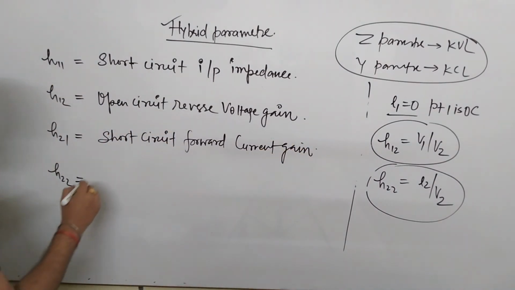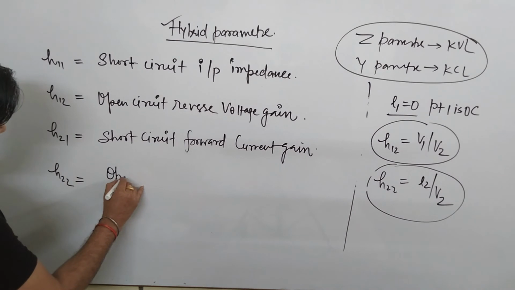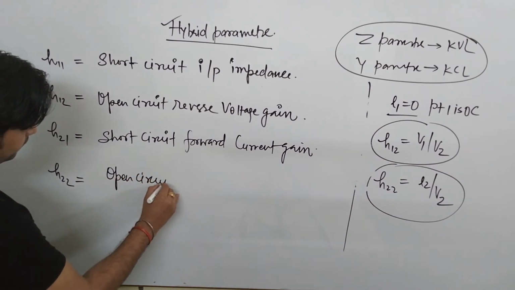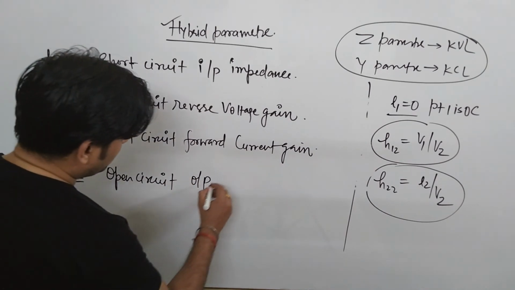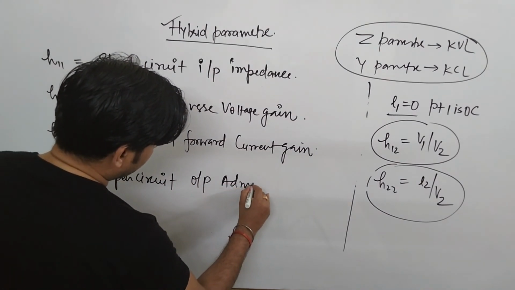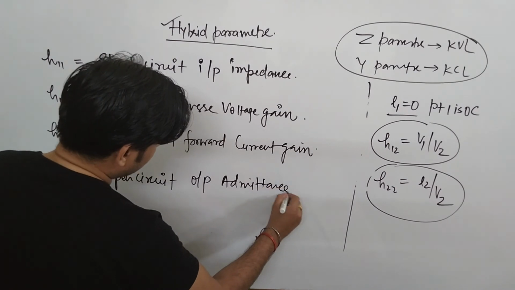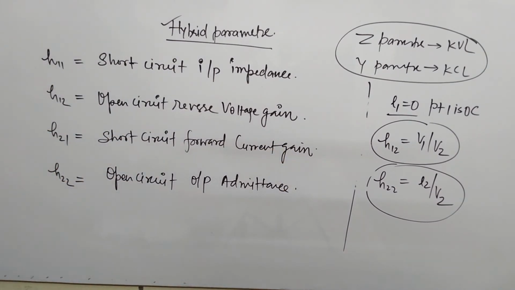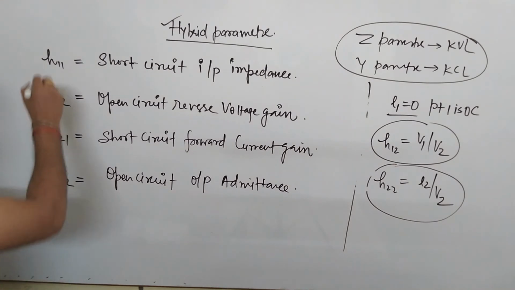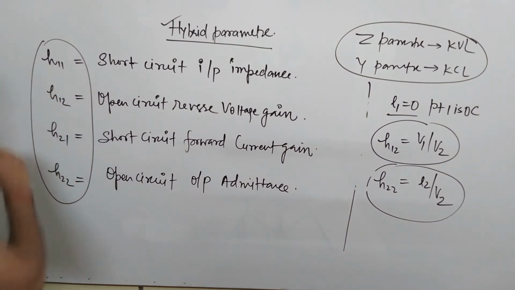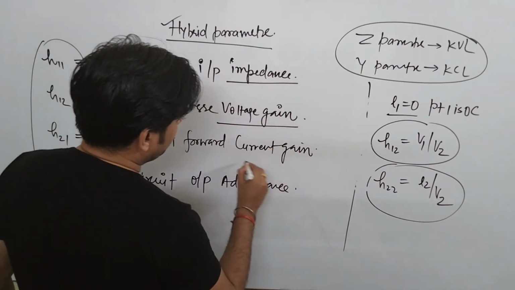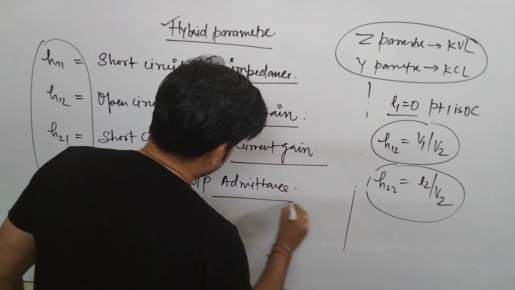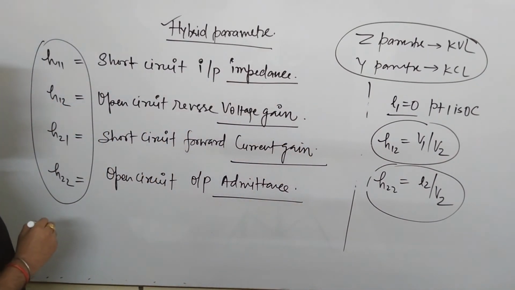And if you talk about H22, it is open circuit output admittance. Open circuit output admittance. Now if you see, in all these 4 parameters, we have identified impedance, we have identified voltage gain, we have identified current gain, and finally we have identified admittance.